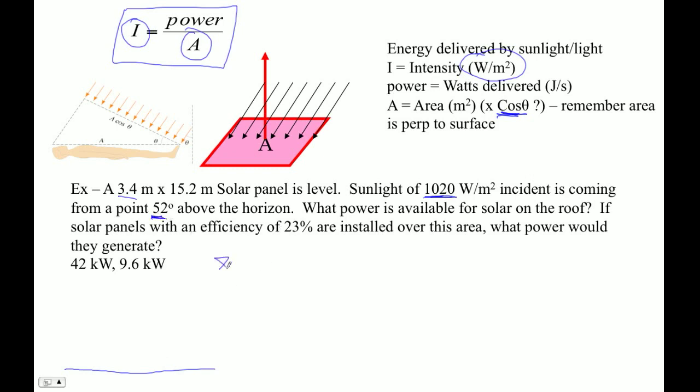Here's the sun, and it's coming down like that, and this angle right there is 52 degrees, right? But remember that this solar panel has an area vector that points straight up. There's our area. So the real question here is, what's that angle right in there?